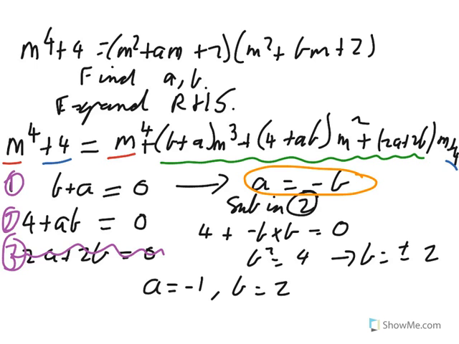Negative 1, where did I get that from? Negative 2, I should say. And a is 2 when b is negative 2, because a is the negative of b. Okay, so there's that one.